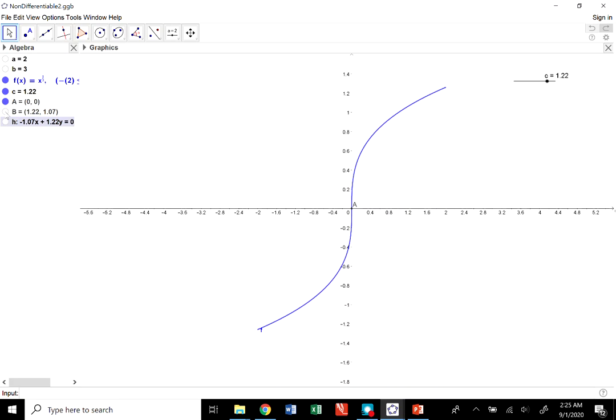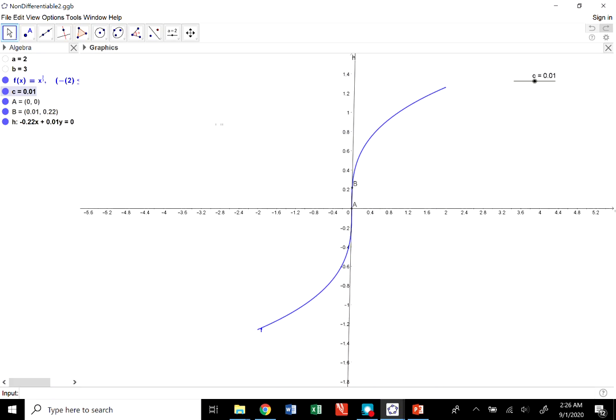Again, let's embark on that process of, okay, pick a point to the right, and then draw a secant line, and then bring this point closer and closer, right? Let's do that. Now look at the tangent line. It's getting more and more, what? Vertical. It's getting closer and closer to being really vertical. And in fact, if I just come here, it is vertical.